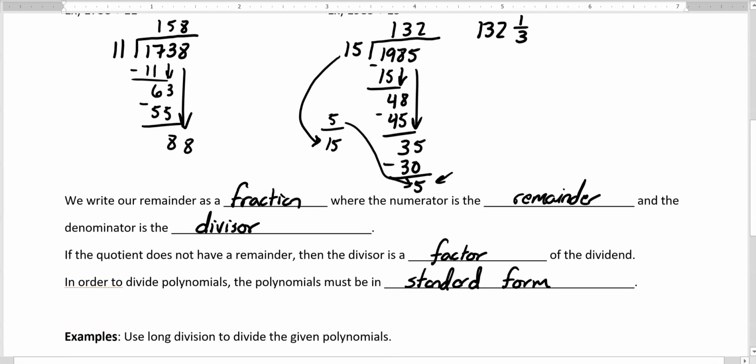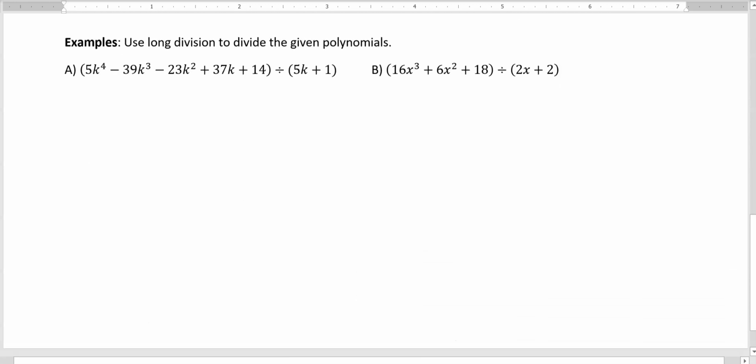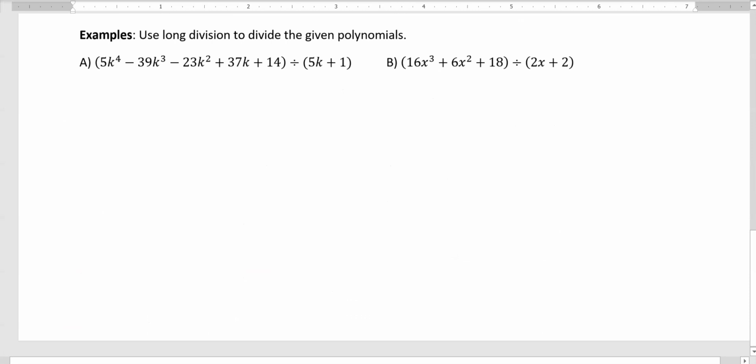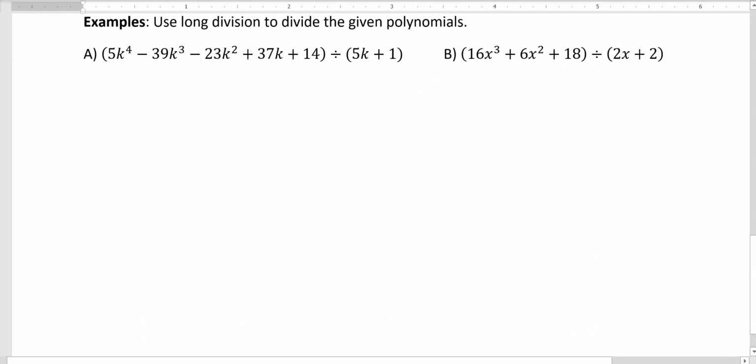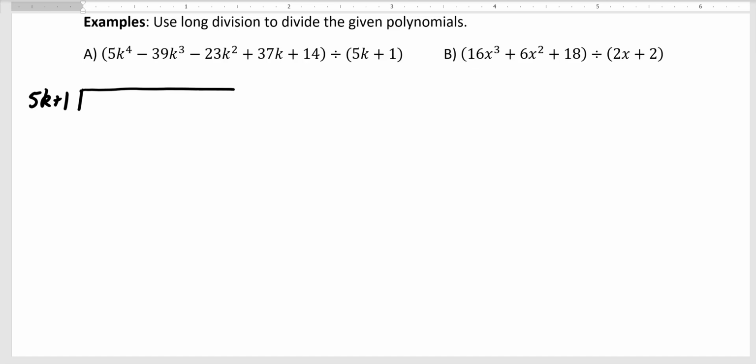That's why we've been working on it so much so far. All right, so let's give it a shot here with some polynomials. Let's start with letter A here. So we have this polynomial we're going to divide by 5k plus 1. So we'll put 5k plus 1 on the outside here. And then my dividend, 5k to the 4th, minus 39k to the 3rd, minus 23k squared, plus 37k plus 14.